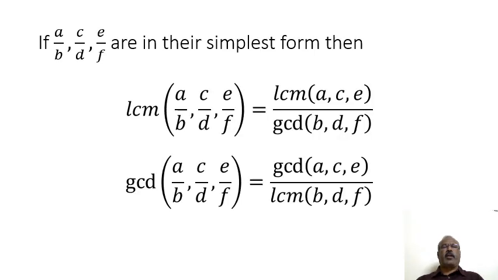If fractions A over B, C over D, and E over F are in their simplest form, then LCM of A over B, C over D, and E over F equals LCM of the numerators A, C, and E over GCD of the denominators B, D, and F. GCD of A over B, C over D, and E over F equals GCD of A, C, and E, that is GCD of the numerators of the given fractions, over LCM of B, D, and F, which are denominators of the given fractions.